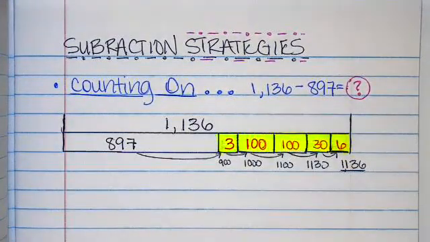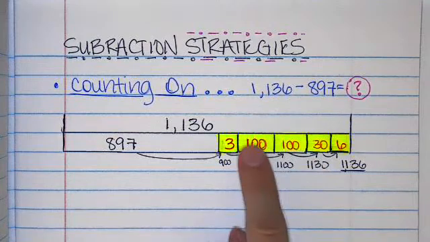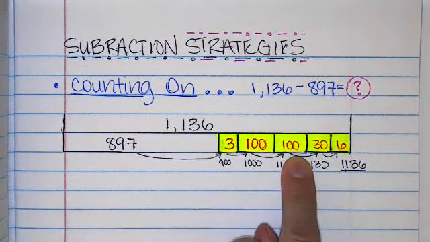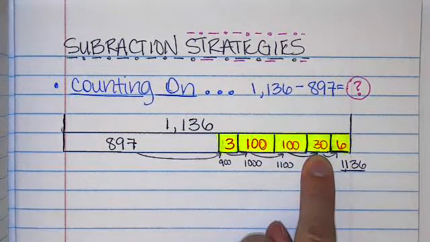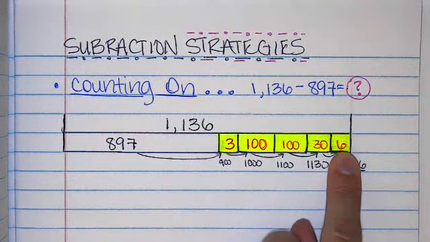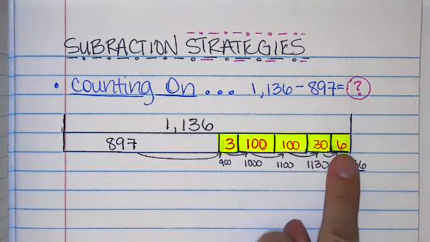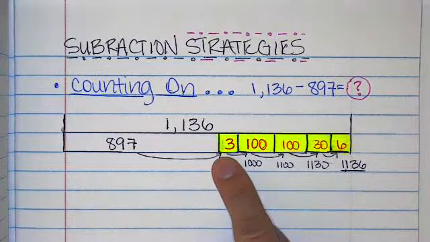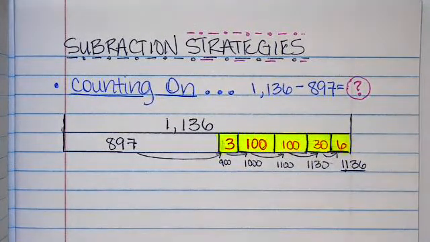So I can add all of these up: 100 plus 100 is 200, plus 30 is 230, plus 6 is 236, plus 3 more, which is 239. So 1,136 take away 897 is 239.